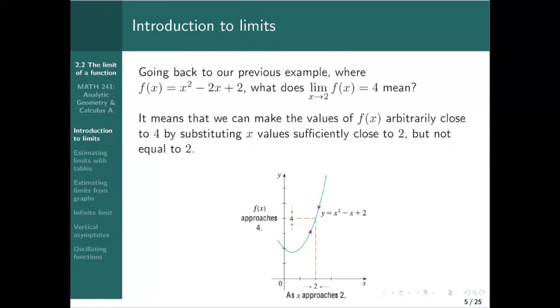Once again, we have the graph of the function f of x, and I want you to notice that as x approaches 2, f of x is approaching 4, which is actually the value of the limit. So when we evaluate limits, we are interested in knowing what happens with f of x. So we are looking at the y values of the function as x approaches the given number. In this case, x is approaching 2.